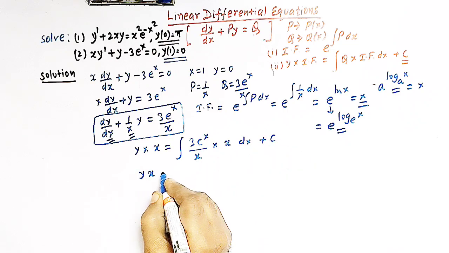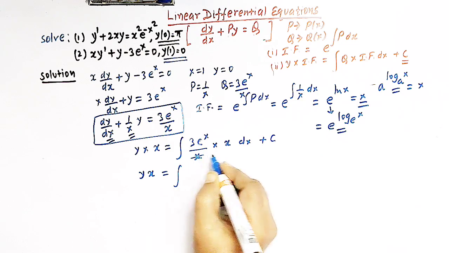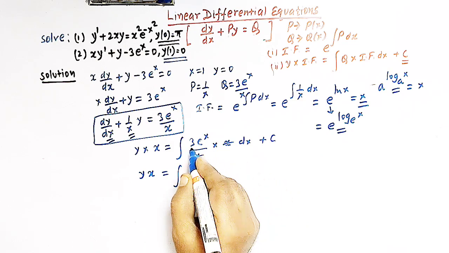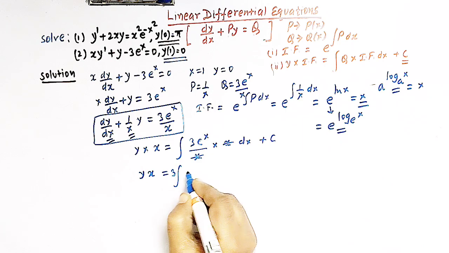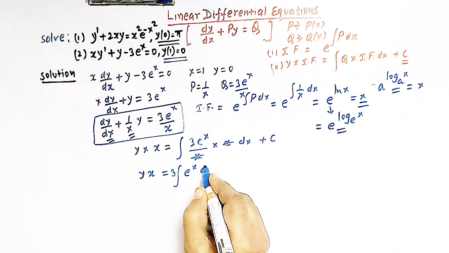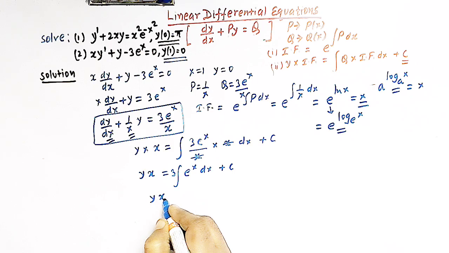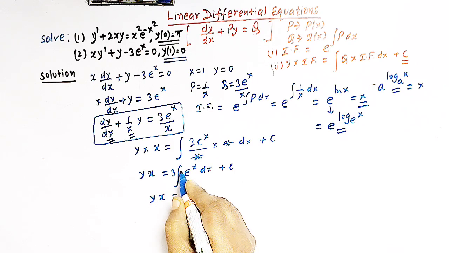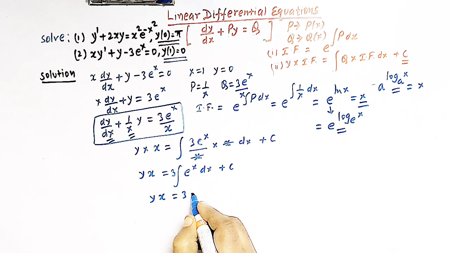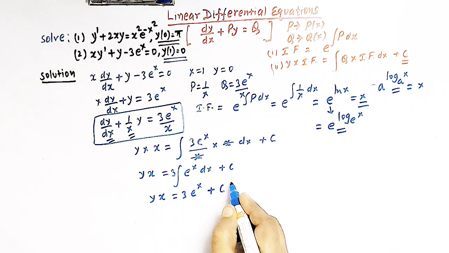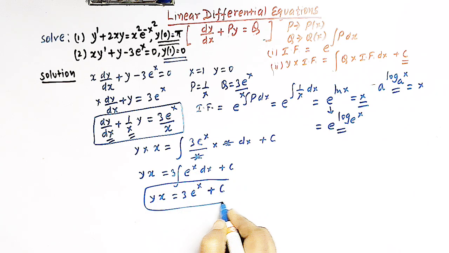So we have yx, and here this x and this x get cancelled, and we can take 3 outside the integral. We have e raised to x dx plus c. Now we can write yx equals 3 times the integral of e raised to x, which is e raised to x, plus c, the constant of integration, right?